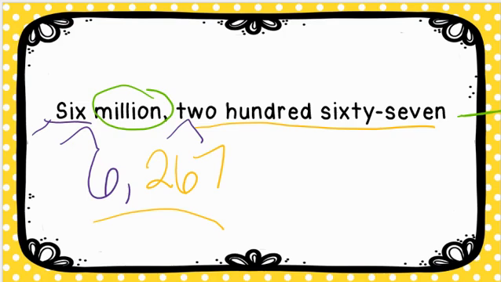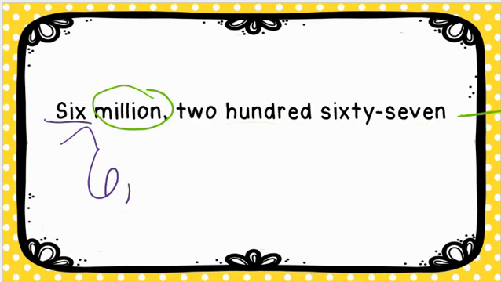Well, we cannot forget about that thousands period. So what we're going to do is we know this needs to be our millions period. We need a thousands period. And then we need our period that we shall not name. So 6 million, and then it's 267.